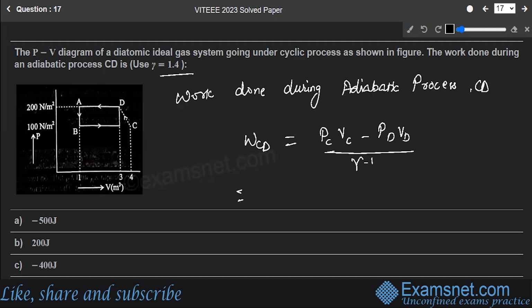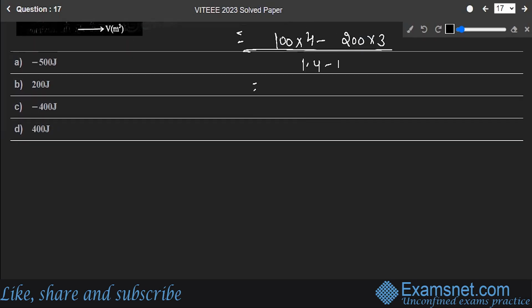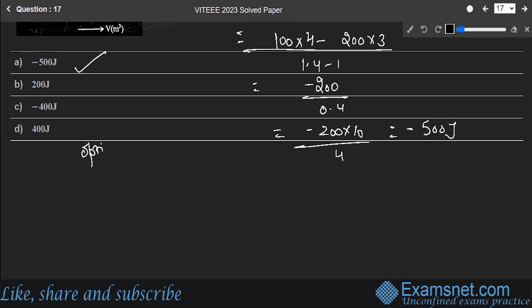PC is over here, this is 100 multiply 4 minus PD is 200 multiply 3 divided by 1.4 minus 1. This is equal to minus 200 upon 0.4. This is minus 200 into 10 upon 4, or this is equal to minus 500 joules. That makes first option to be the correct answer.